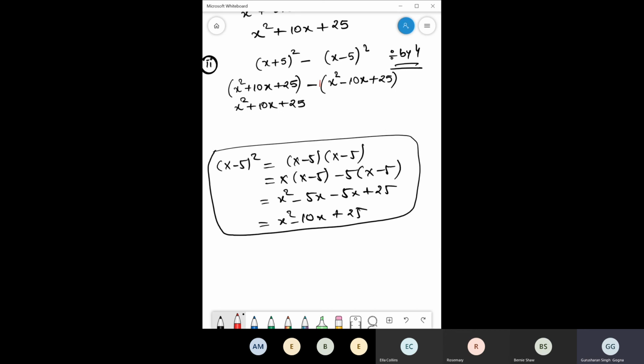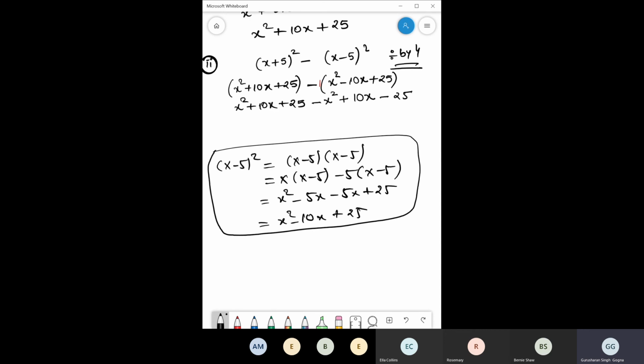So this time you have to multiply by negative sign, and what will happen? It will change the sign of these terms. Okay, so x square becomes minus x square, minus 10x becomes plus 10x, and plus 25 becomes minus 25, and then you just simplify.